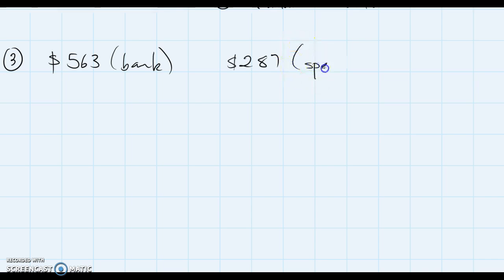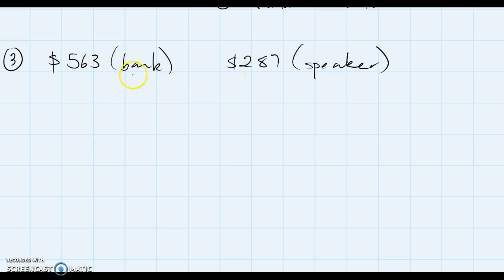I bought myself a Bluetooth speaker. How much money have I got left in my bank? So that's how I started off with 563. I spent it on a speaker for 287. Okay, learning intention is to solve using the algorithm.